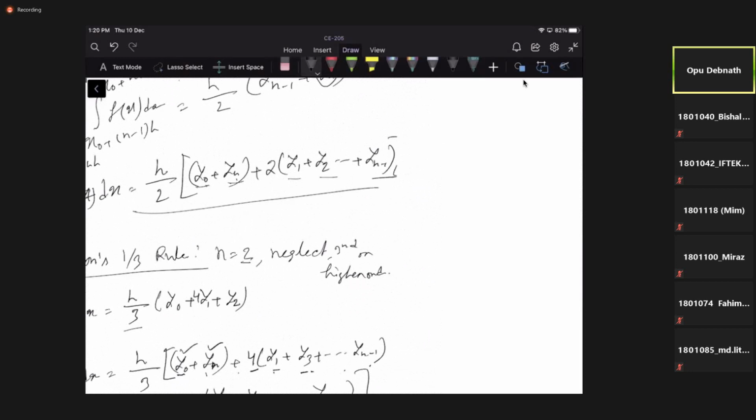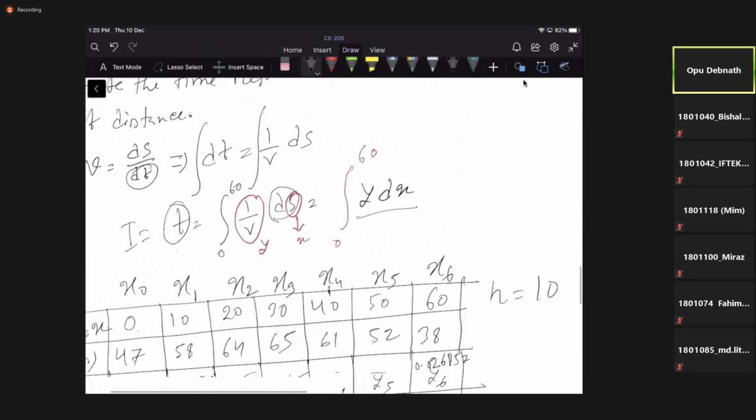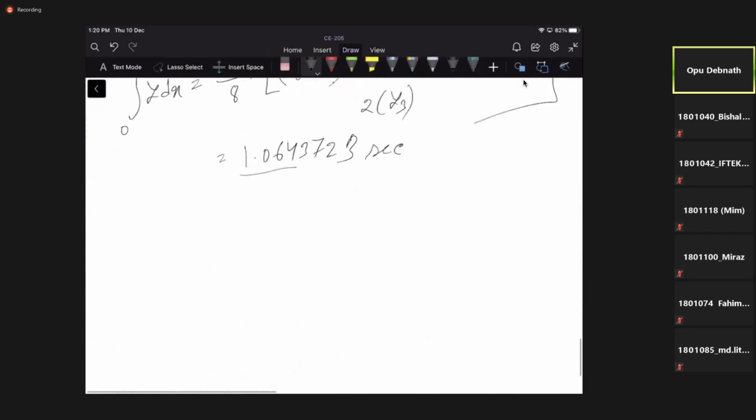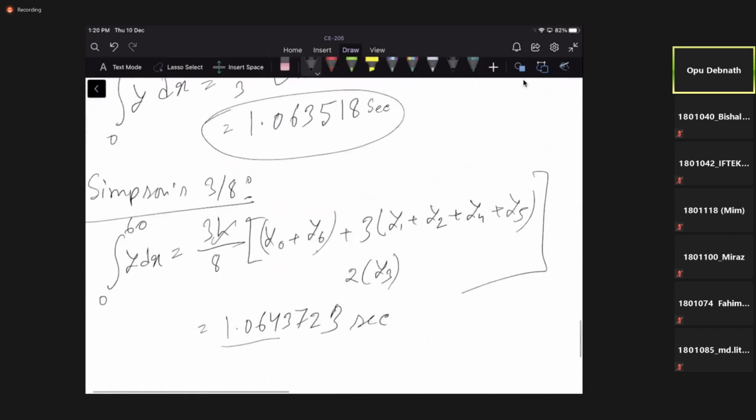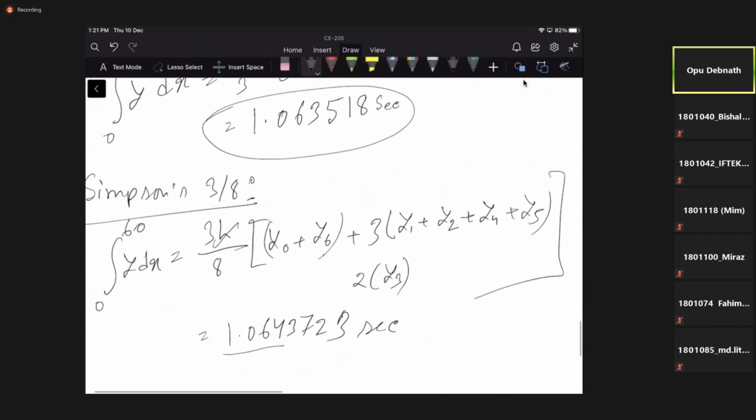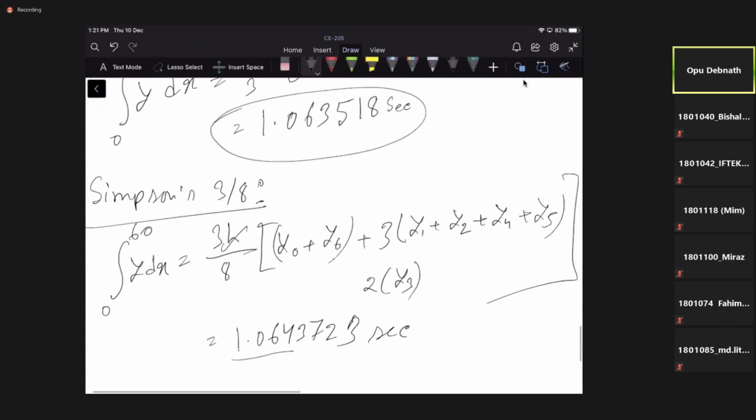Here, as we have 7 sets of data up to y6, it is y0 plus y6 plus 2 multiplied by the summation of the other y values. So you may also try the trapezoidal rule and check your results with respect to Simpson 1/3 and 3/8, and compare the variations in the estimated results.